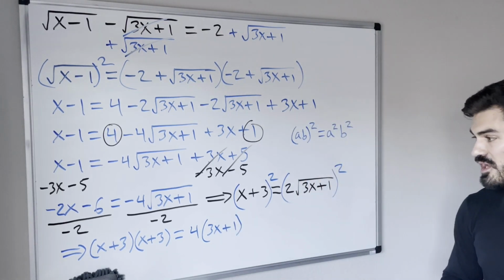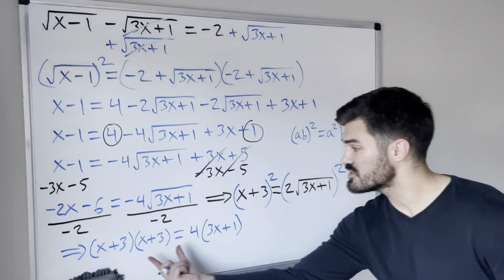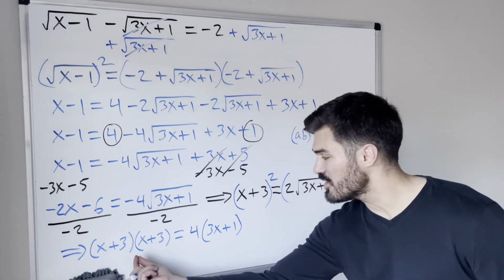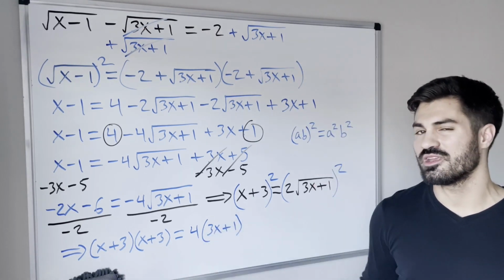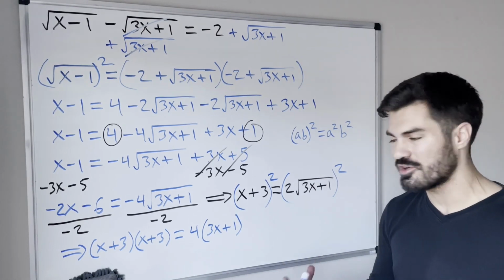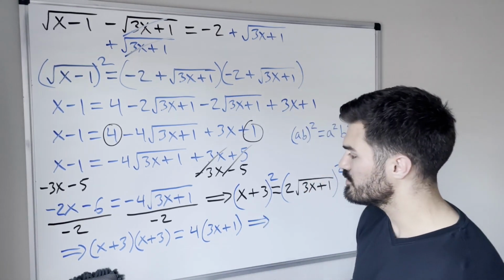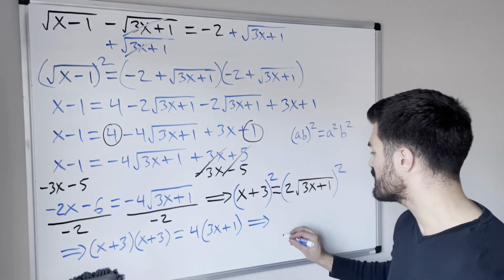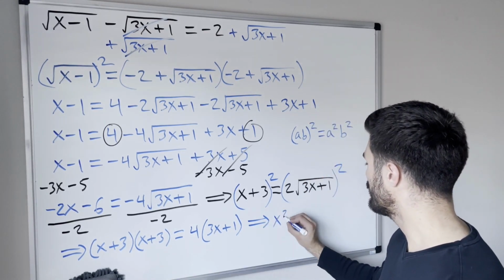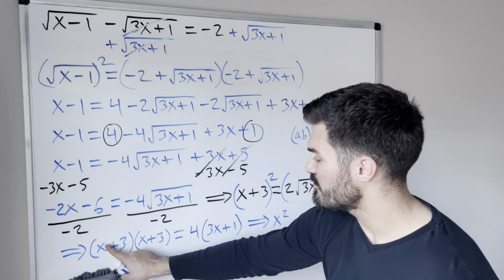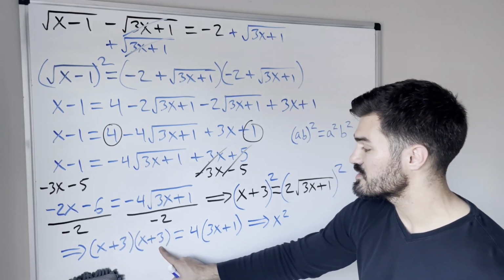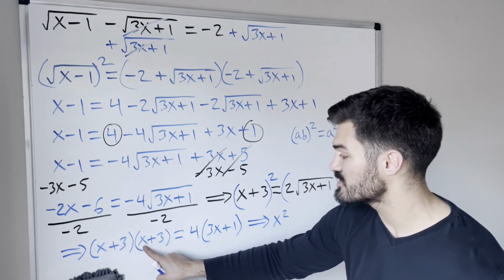And now we're getting to be in pretty good shape. We're going to have an x squared term, we're going to end up with a quadratic, we're going to get 0 on one side, solve, check our answers, right? Pretty routine from here on out. So let's see what we can do. X times x is x squared. I'm going to skip a step here because we have x times 3, that's 3x, plus 3 times x, that's 3x.